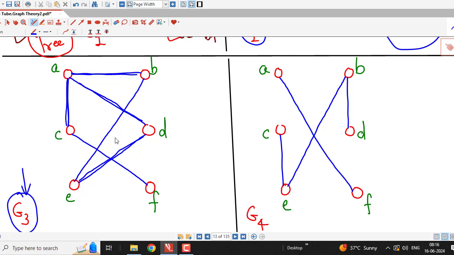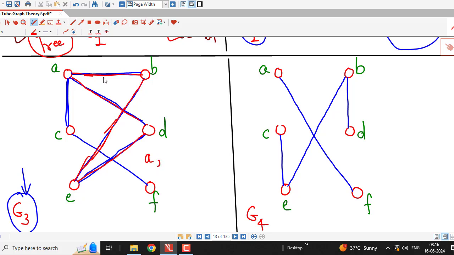So G3 is connected. Now I have to check whether there is any simple cycle or not. So I observe one simple cycle. Suppose I go from A to B and from B to E, then from E to D and from D to A. So I find one simple cycle.